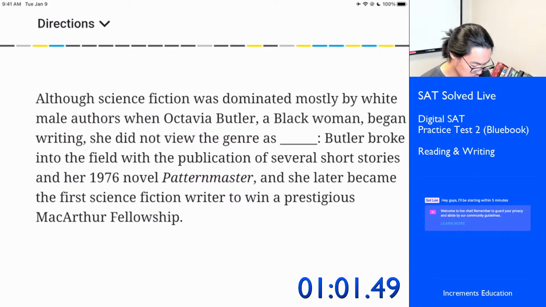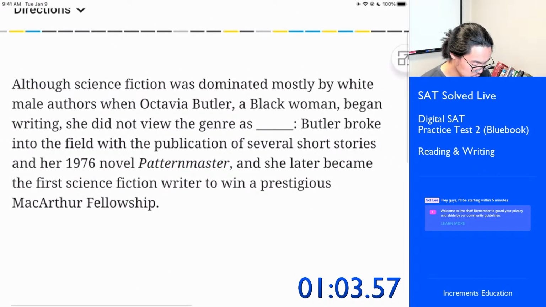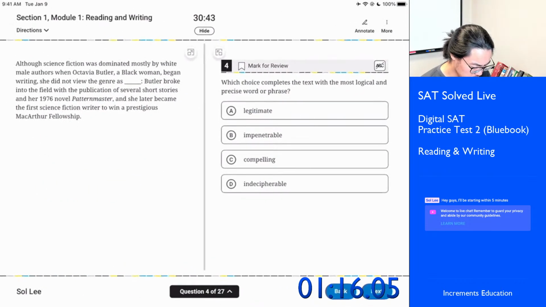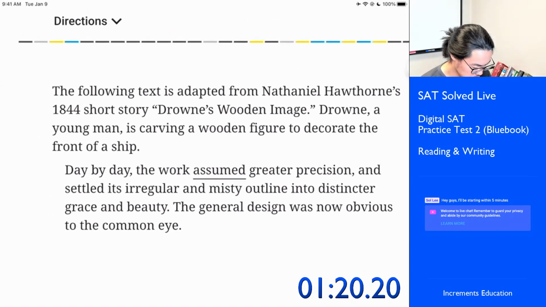Okay. Although science fiction was dominated mostly by white male authors, when Octavia Butler, a black woman, began writing, she did not view the genre as white and male. She broke into the field as, closed off, impenetrable. Sure. Okay.